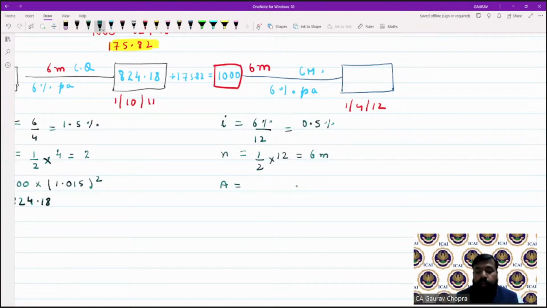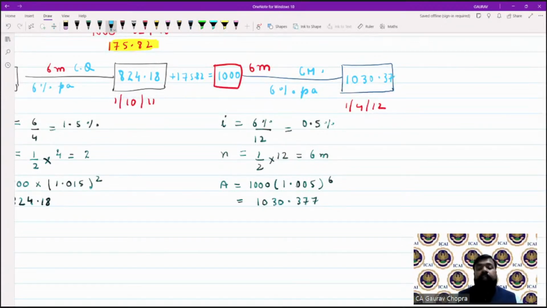Therefore, amount is equal to principal 1000 multiplied by 1.005 to the power of 6. So the amount is 1030.377. So we can write here 1030.37. This is the amount.